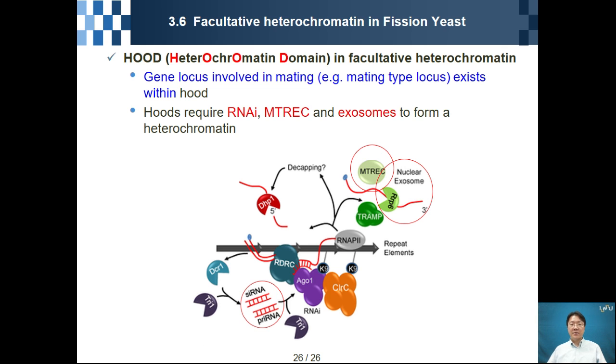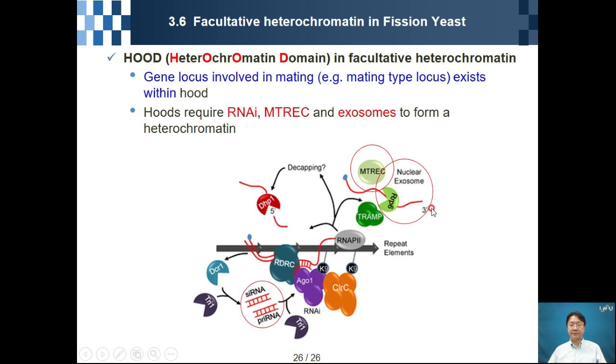So just briefly, gene loci involved in mating, for example the mating type locus, exist within HOOD, and HOOD requires RNAi and MTREC and the exosome to form heterochromatin.